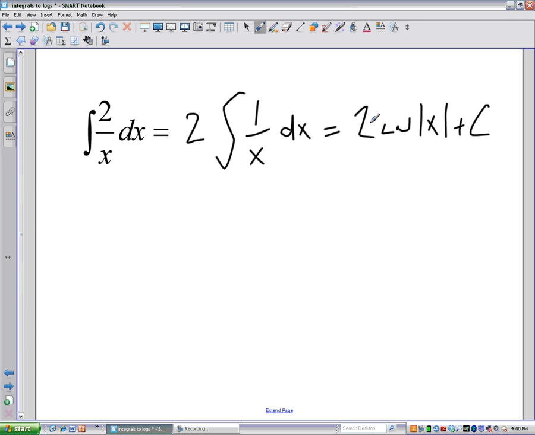Remember what we can do with that 2? We can make it an exponent and bring it up in the front: natural log of x squared, plus c. I get rid of the absolute value signs there because when I square something, I always get a positive number. So either one of these answers is reasonably acceptable.